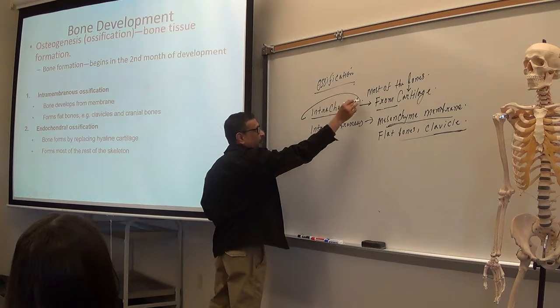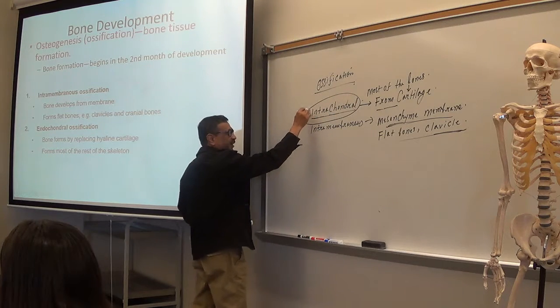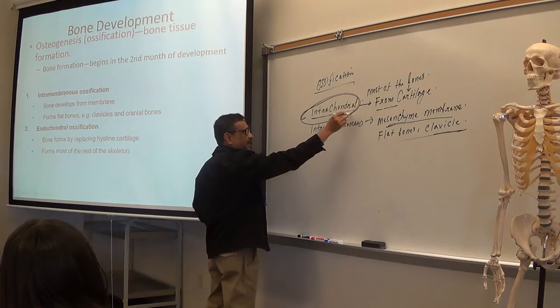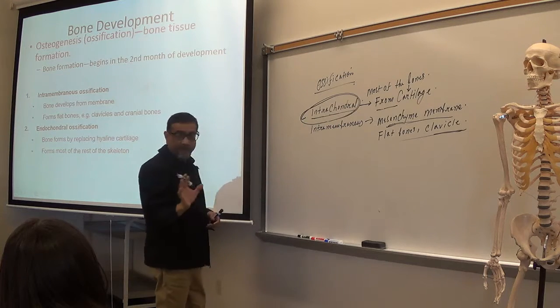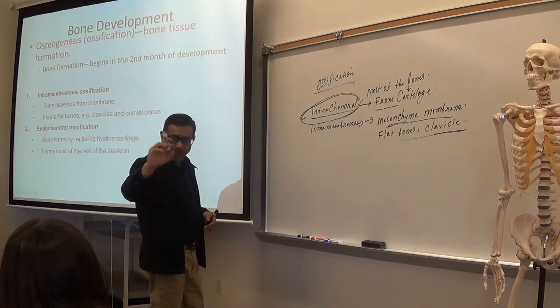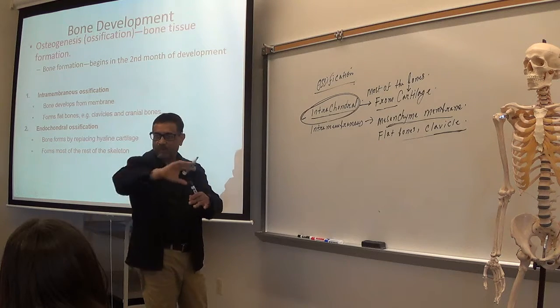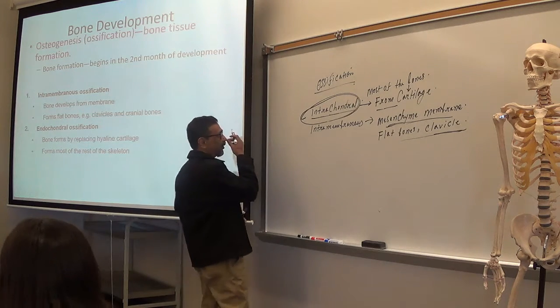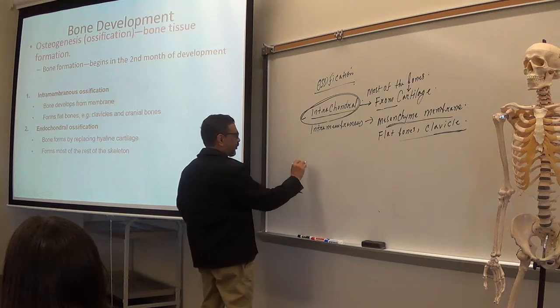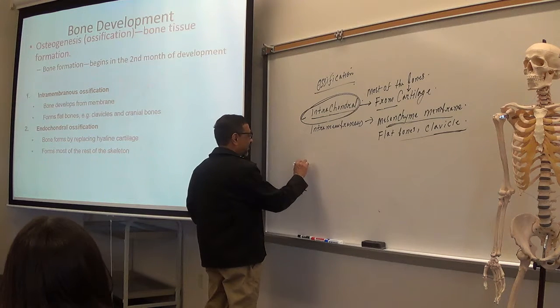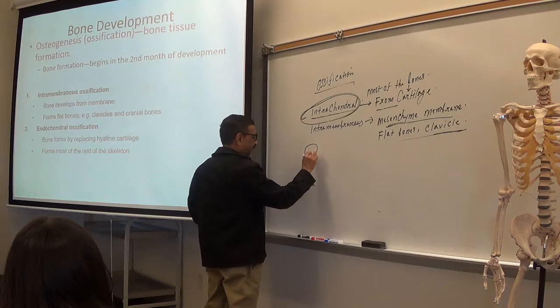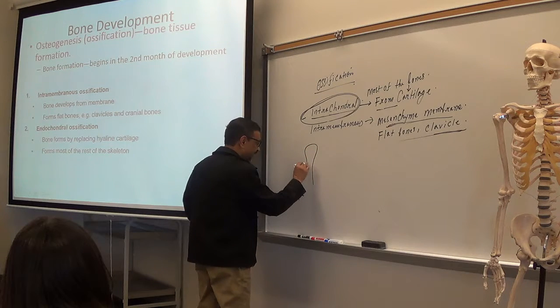First I'll talk about endochondral ossification. You need to write this down, and if I ask you to draw and show how endochondral ossification occurs, you need to write it down. So first, cartilage. You know that the fetal skeleton is what?